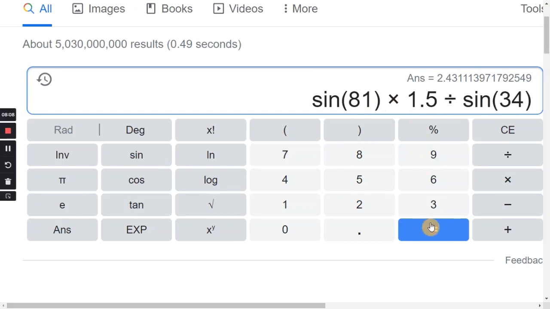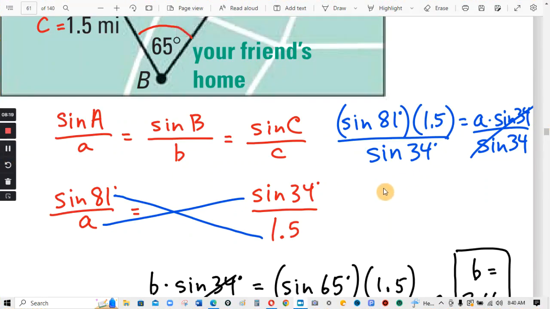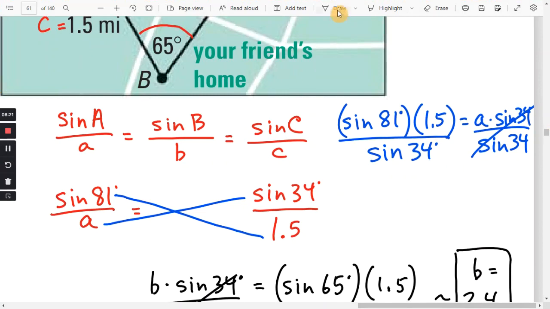Hit equals and look at the second decimal. It's less than 5, so we're going to round it down to 2.6. So 2.6 is the approximation for a.